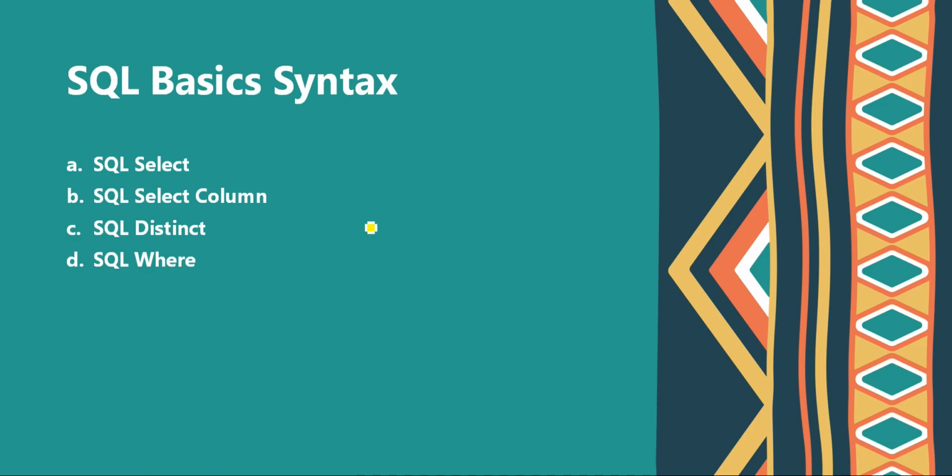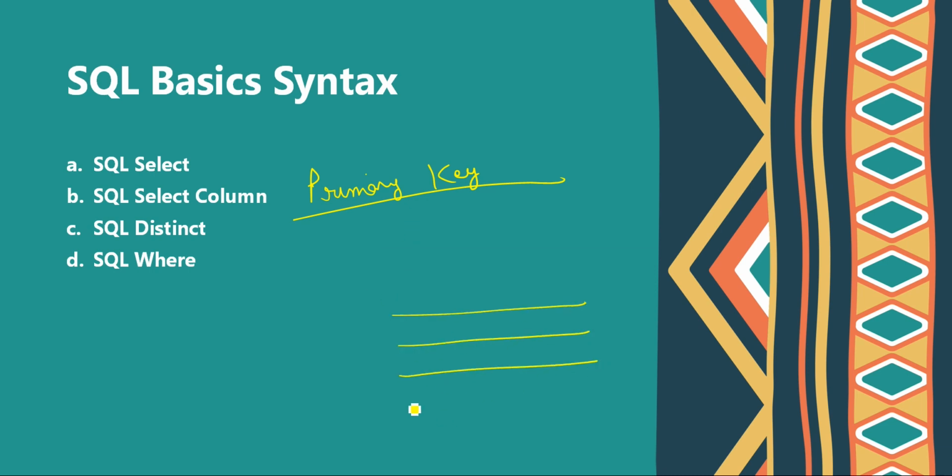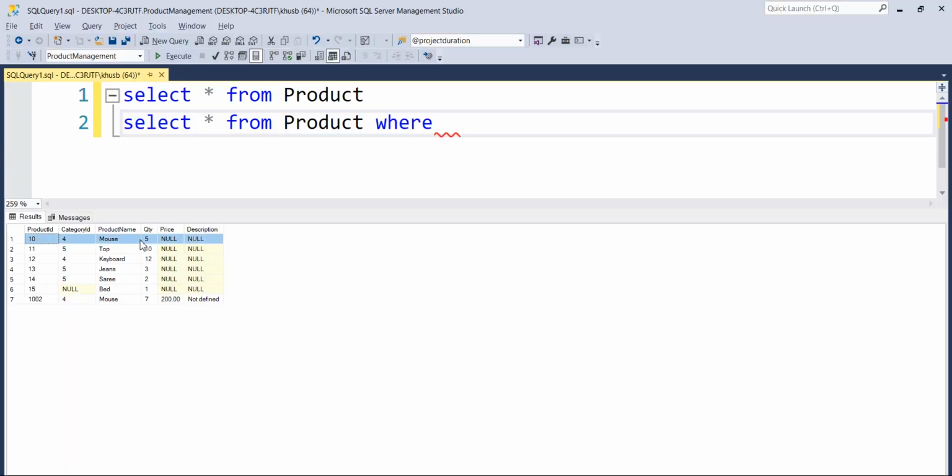As we have learned that primary key is a key which is going to distinct all the other rows from each other, right? So primary key value is always going to be unique, not null, right?